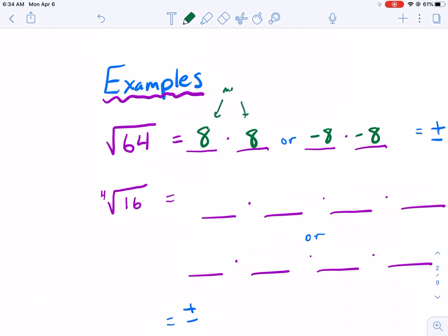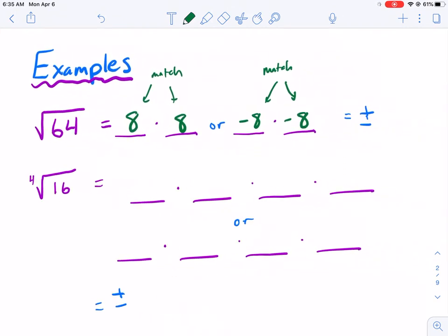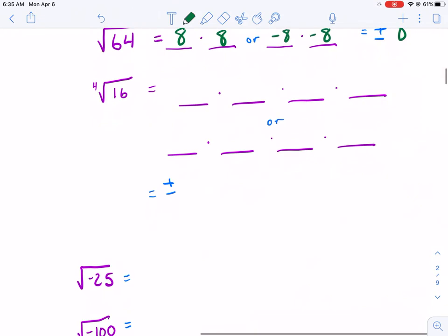These have to match because it's times itself. So it's not like you can mix and match. They have to simply match. So we can write this as plus or minus 8. Okay? So either it's a positive 8 times a positive 8 or a negative 8 times a negative 8. But either way, those two numbers need to match up.